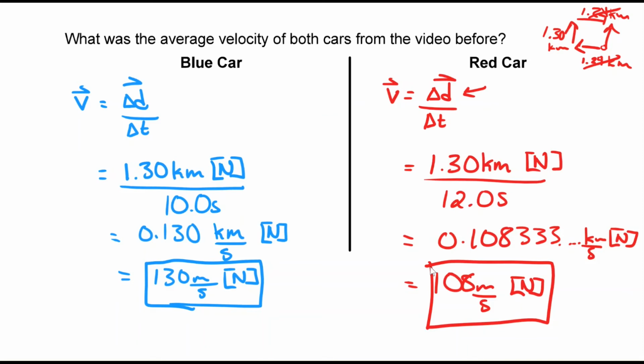That's what average velocity is all about. Let's skip all the middle bits. On average, if you were to go from here to here, how fast would you have to go and what direction would you have to head? That's what average velocity is all about. So it's very different from our average speed from earlier.